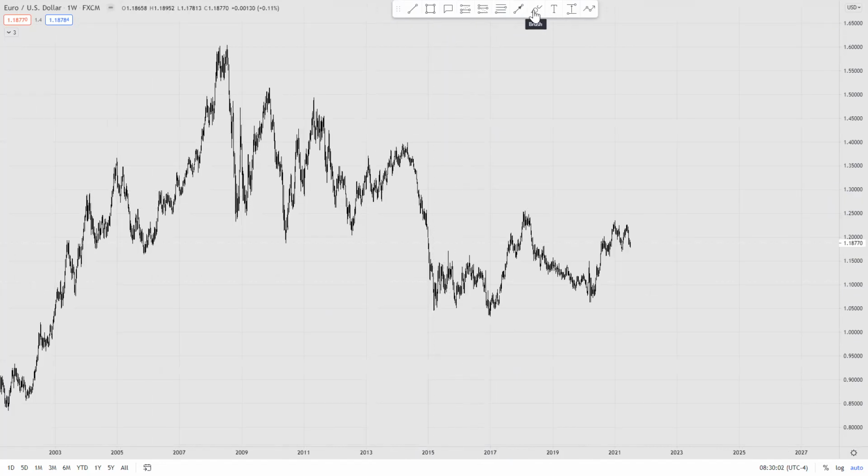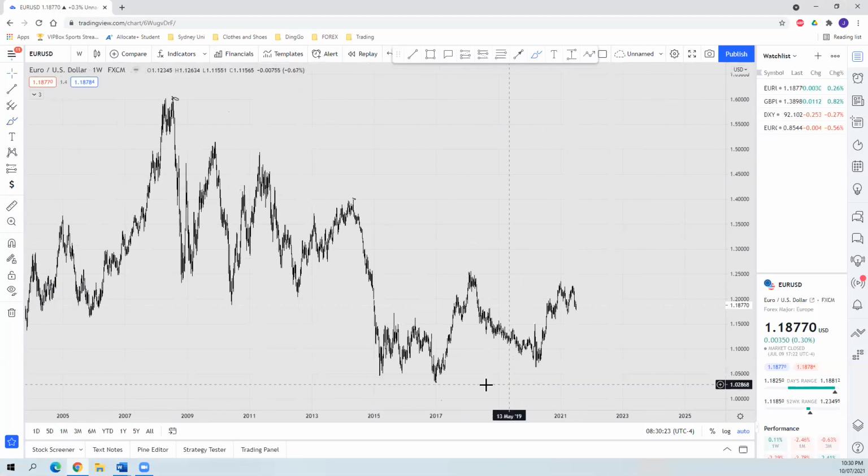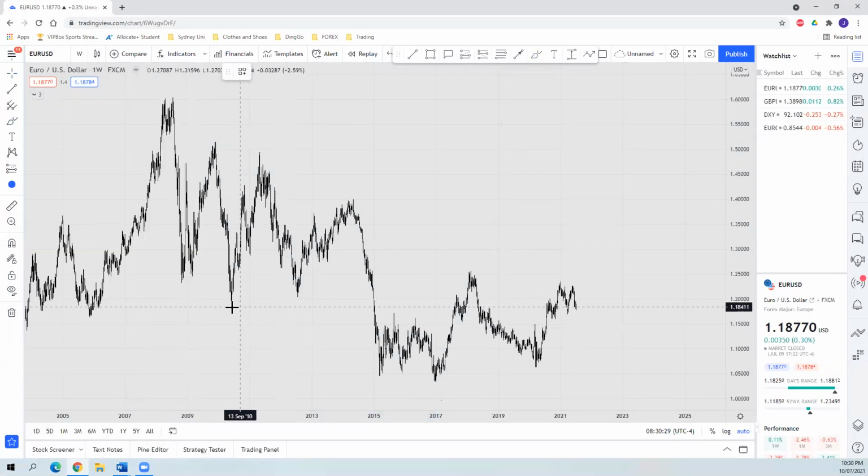I'll say the range is from here down to here. But that high you marked was not a real high, because where was the highest high that created it? Here. All of those highs would act as internal range liquidity. I'm just gonna delete that little dot.